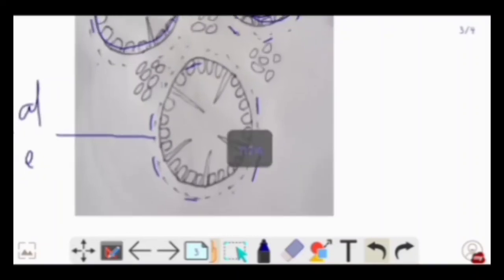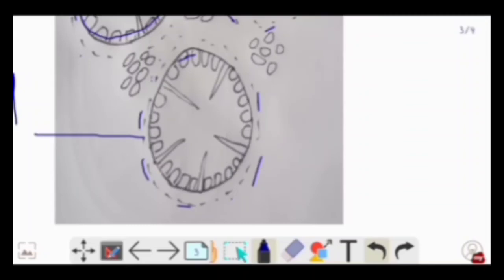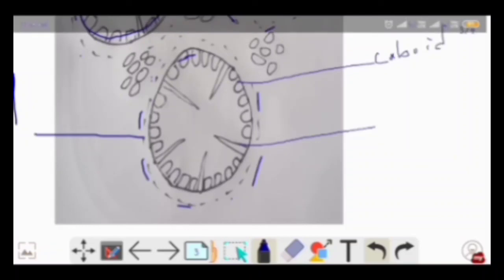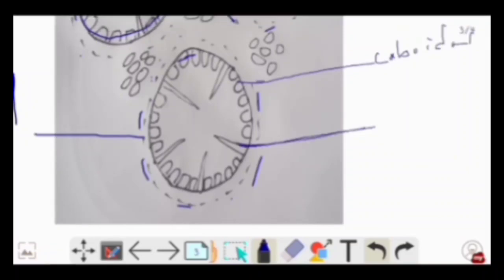Most of the cells are cuboidal in shape, and these other cells are slightly conical in shape. The conical cells are the Sertoli cells.